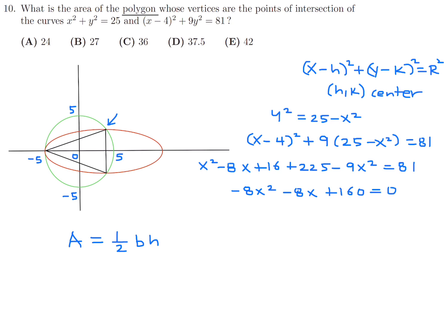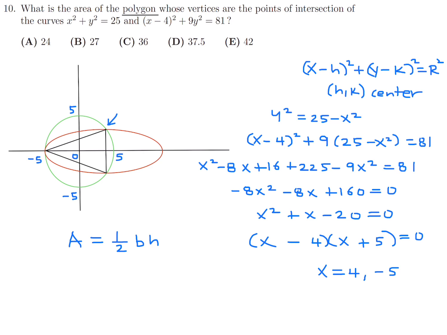And then, of course, divide through by negative 8. x squared plus x minus 20. And I think this will factor as x plus 5, x minus 4. Yeah. So that means x is equal to 4 or negative 5.